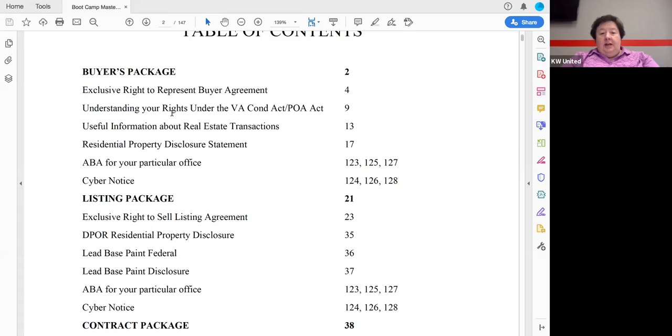There's understanding your rights under the Virginia Condo Property Owners Act. Useful information. The residential disclosure statement. For those who've been in the business before July, this is something that's new, okay? When you're making an offer, if you look down here in the listing package, the seller has to provide the D4 residential disclosure.